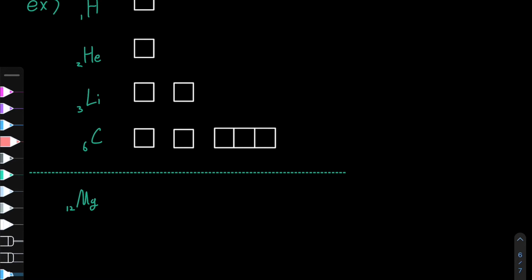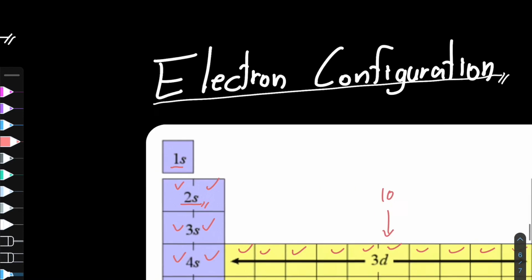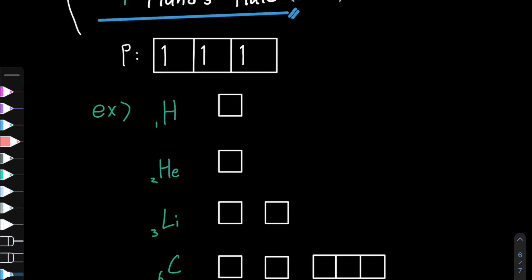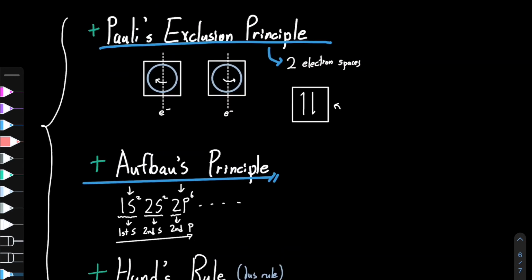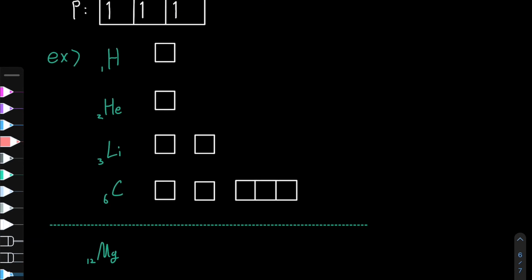Hydrogen is the first atom on the periodic table, so the electron configuration would be denoted with 1s. So we write 1s. Since 1s has a space of 1, we draw 1 square.